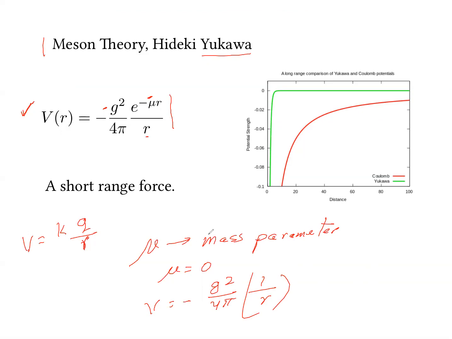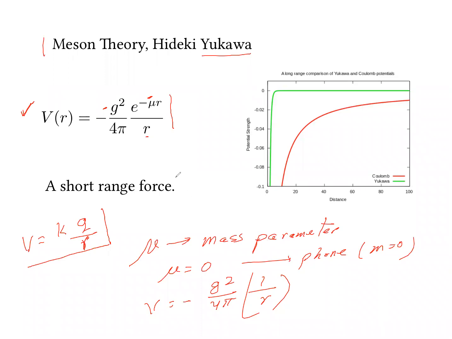Whenever there is a force, there is always some exchange particle. If the mass of the exchange particle is 0, it converts to Coulomb's law. In Coulomb's law, the exchange particle is the photon. So the photon has mass 0.